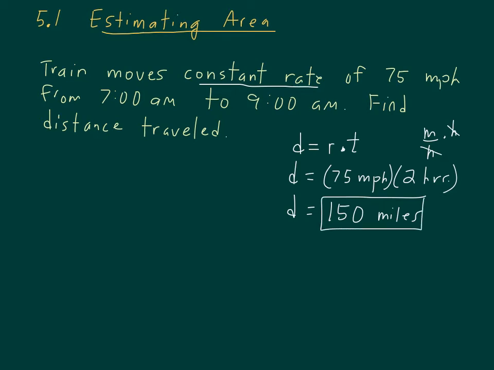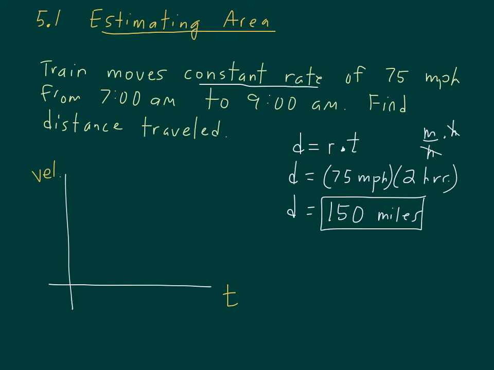So understand that we could also look at this graphically. Let's suppose we were to graph our rate, which is really a velocity if we were to look at it in terms of its absolute value. The constant rate is really talking about the constant speed. So if we were to look at the absolute value of velocity, we really are talking about our rate or the speed.